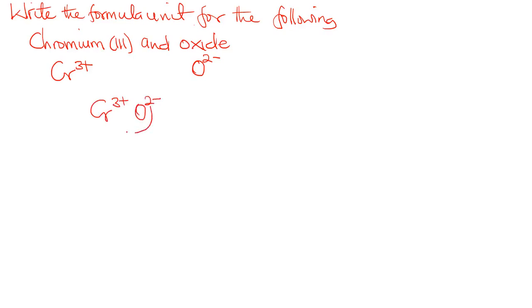You just take this one and put it there, and take this one and put it here. So you are going to get Cr2O3. That is chromium 3 oxide. Let's see another.